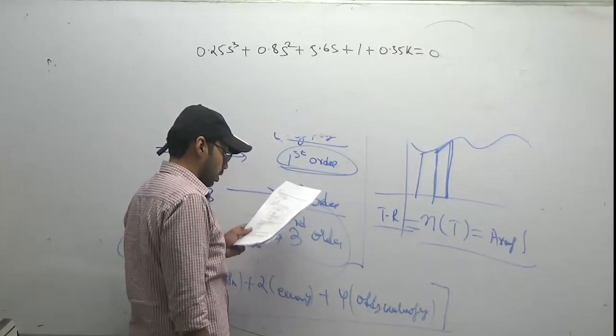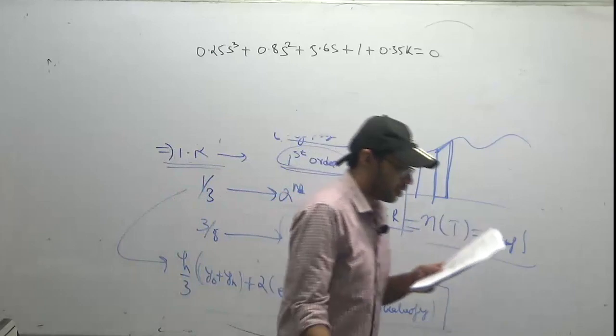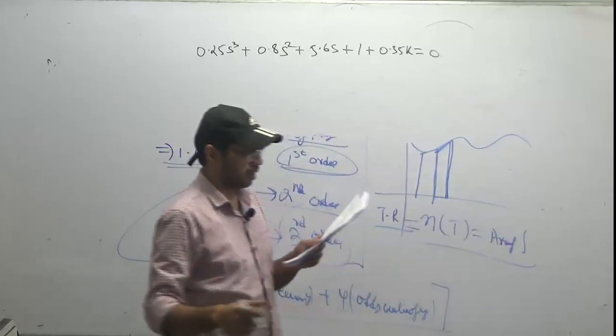They are asking about the limiting value of k above which the closed loop system is unstable.